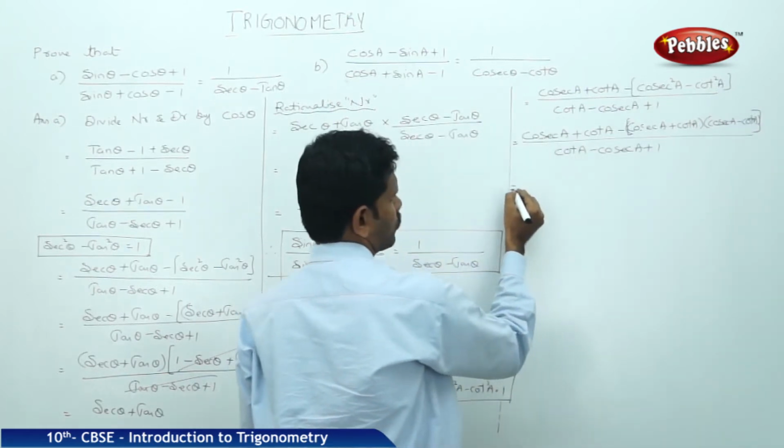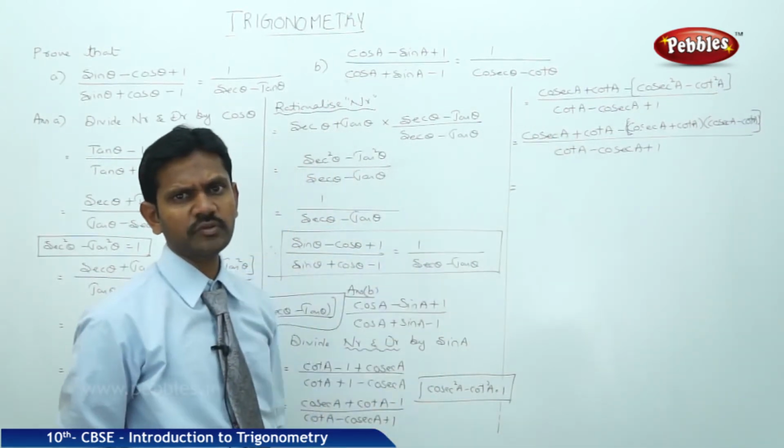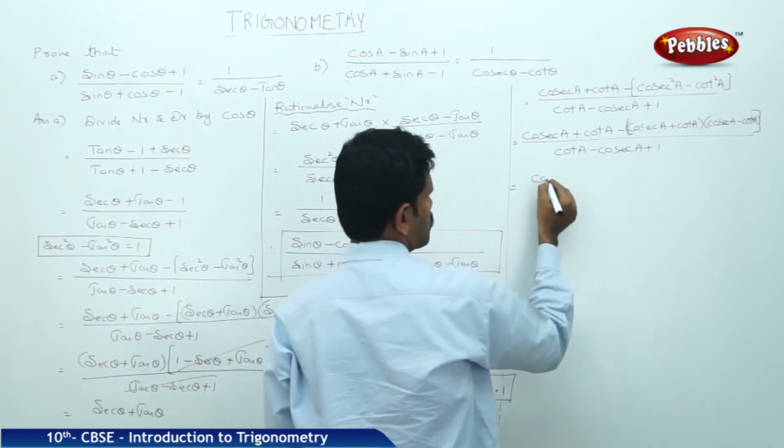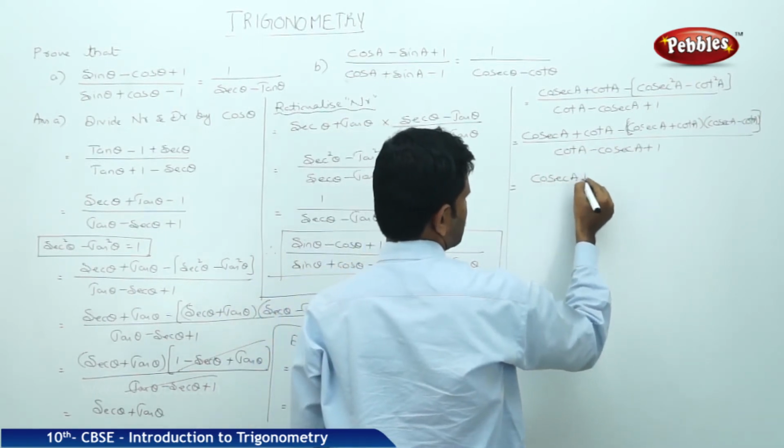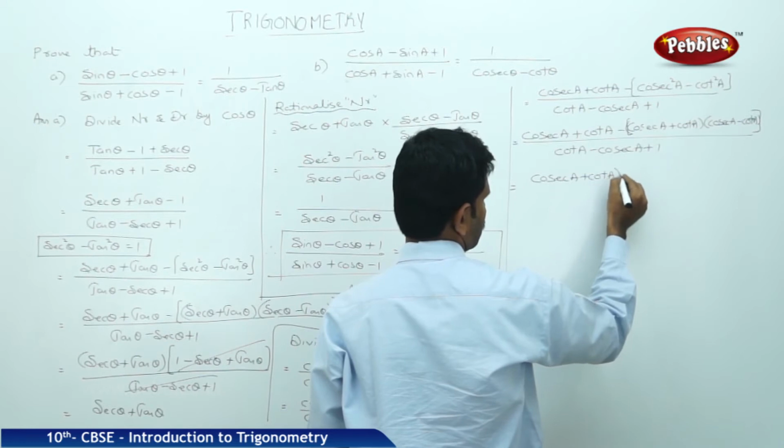Now, from both parts you have to take cosec A plus cot A common.